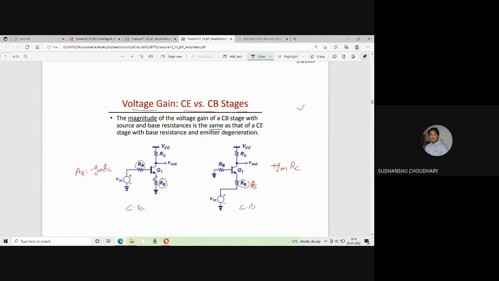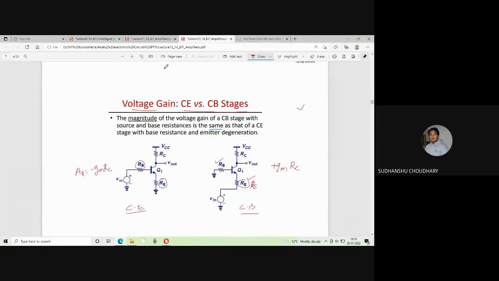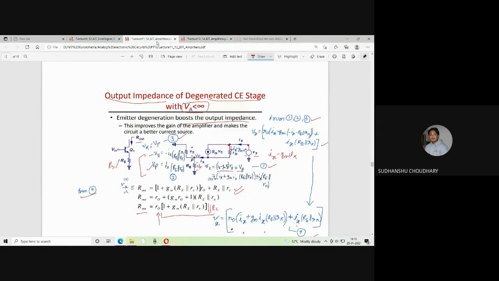So the gain with RB and RE in the common emitter stage is exactly equal to the gain of the common base with RB and RS. We can verify that if we go back to the common emitter voltage gain with RB and RE.